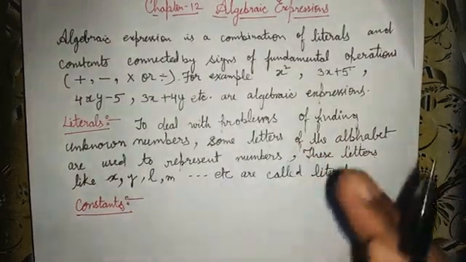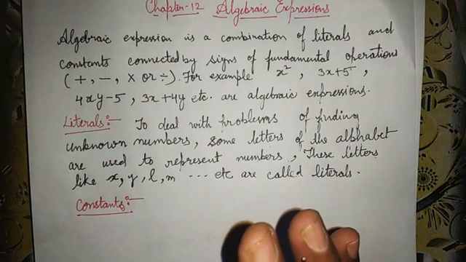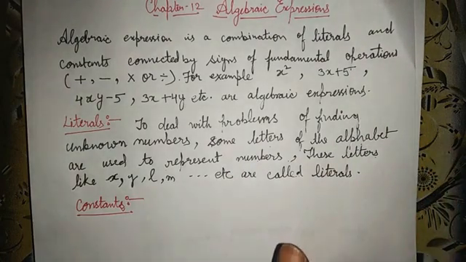Now children, you will think what is a constant. A quantity having a fixed numerical value is called a constant.